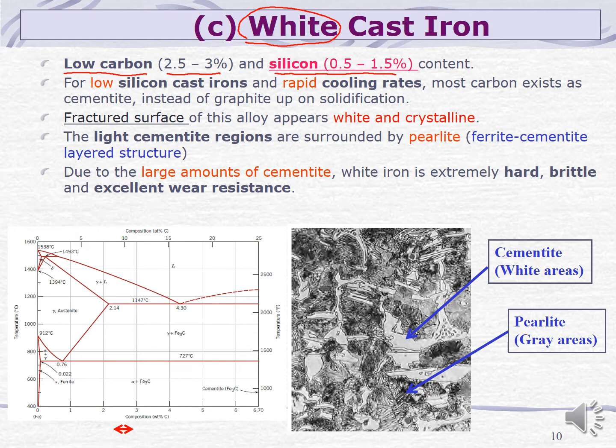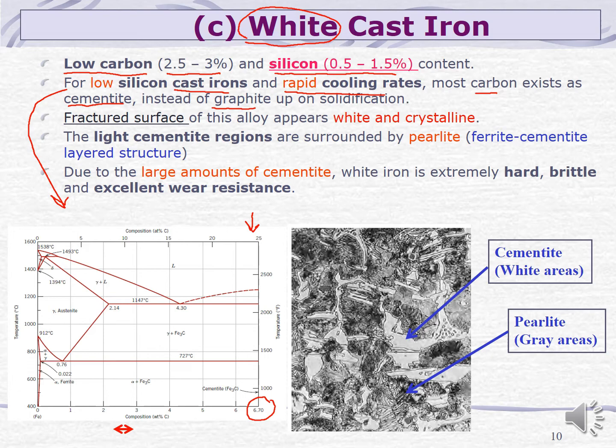For low silicon cast iron and rapid cooling rates, most carbon exists as cementite instead of graphite. So that's why for this cast iron, we refer to the iron carbide phase diagram, which ends at 6.70% of carbon.